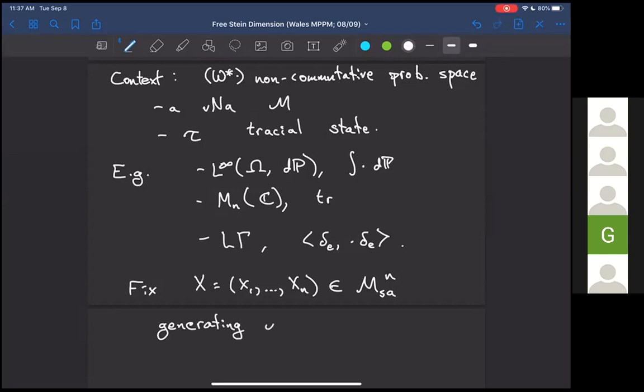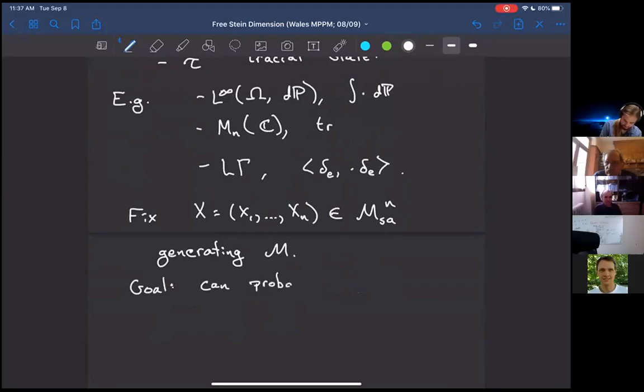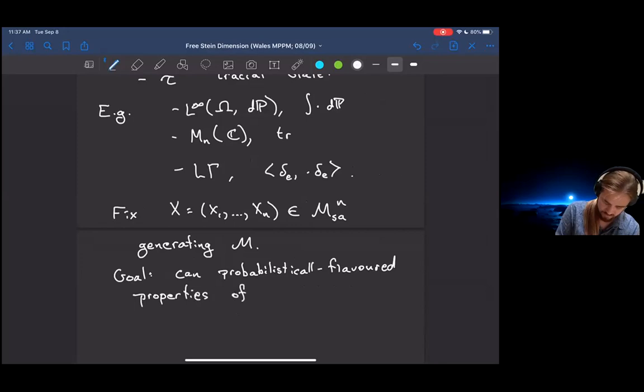So we want these to generate M. Goal: can probabilistically flavored properties of X tell us about M?